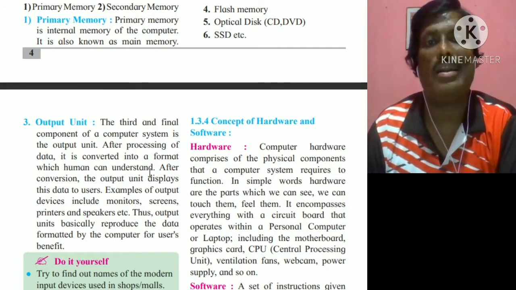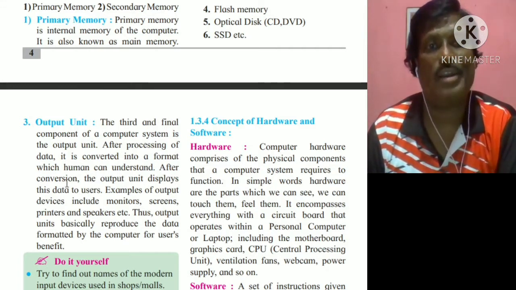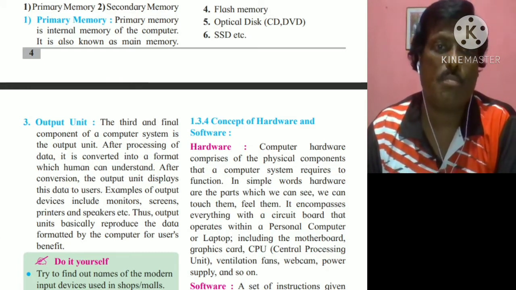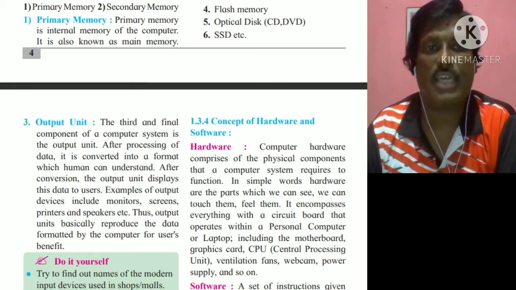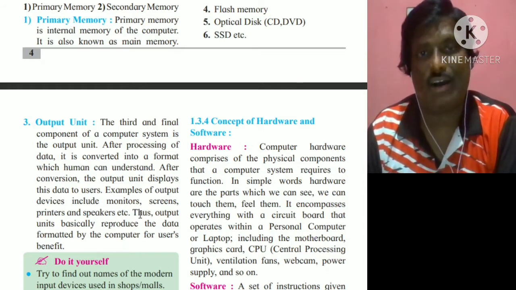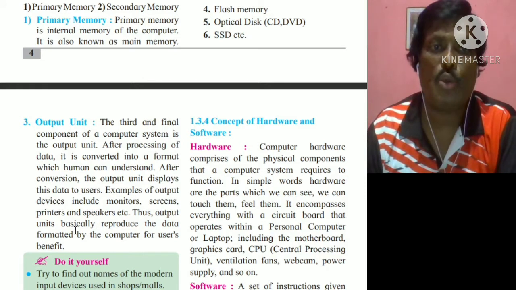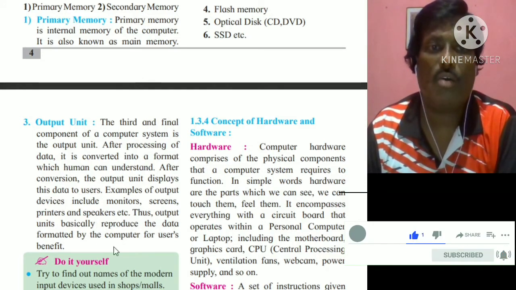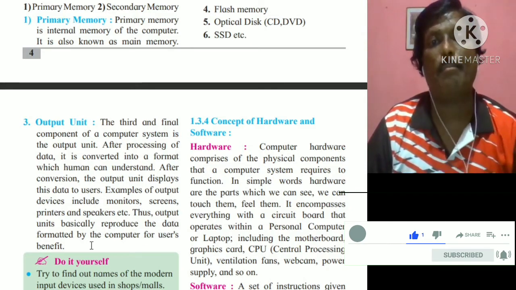So human can understand it. After conversion, the output unit displays this data to users. Examples of output devices include monitors, screens, printers, etc. Thus, output units basically reproduce the data formatted by the computer for users' benefit.